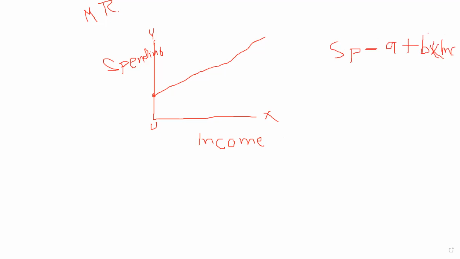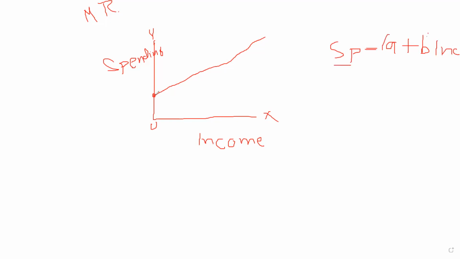Now the question is this: you have spending, you have income. What is A and B?